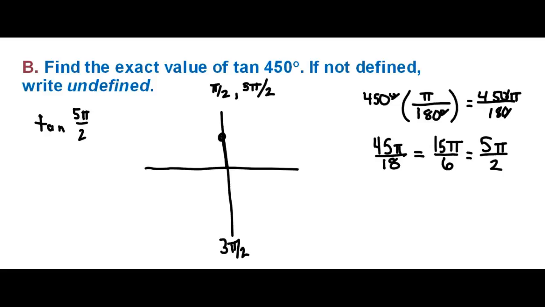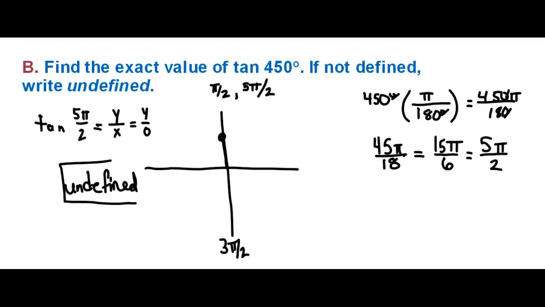And tangent is opposite over adjacent. So it would be our y over our x. Now, if we're looking at our y value, it could be anything. But notice our x value has to be 0 if I'm putting a point along this line somewhere. So therefore, we're getting some value y over 0. That means that the tangent of 5 pi over 2 is undefined.